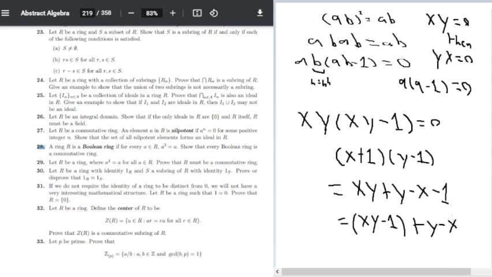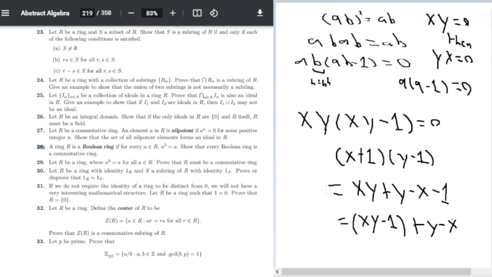This would be a really unorthodox approach to go for, but I'm thinking every element can be written as x plus 1 or x minus. Every element can be written in the form of this. Also, I'm double checking.